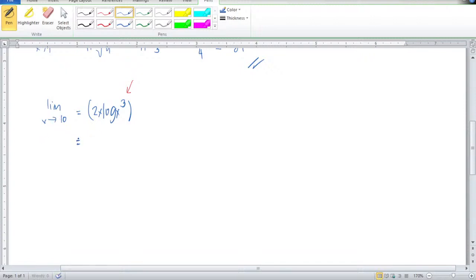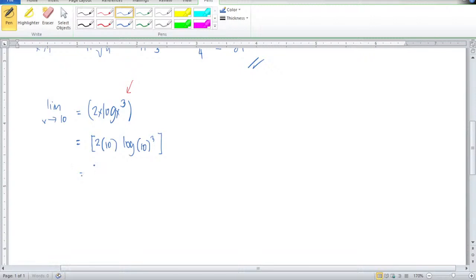So, simply to evaluate this, 2 times, let us use brackets, 2 times 10, we have logarithm of x cubed. So x is 10, so you have to cube that and then close the bracket. As you can see, we have here a product of 2 times 10 and then logarithm of 10 raised to 3, or that is 1,000.